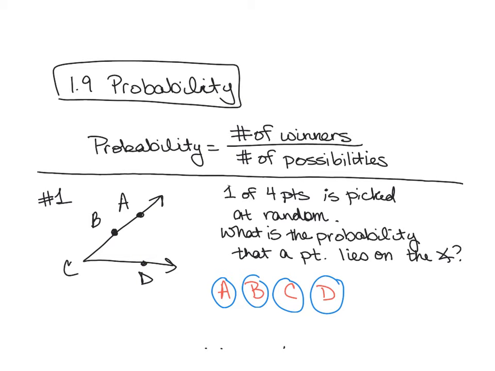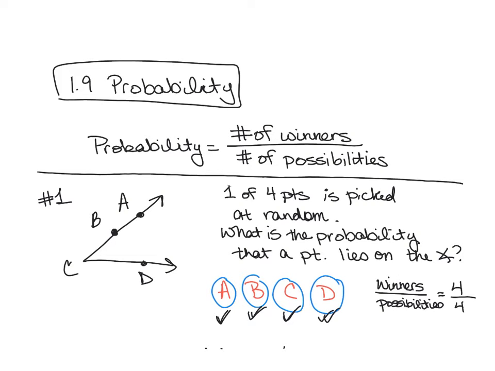So usually it doesn't work out this way, but if we were going to write the proportion, winners out of the number of possibilities, the number of winners is 1, 2, 3, 4, and the possibilities is also 1, 2, 3, 4.